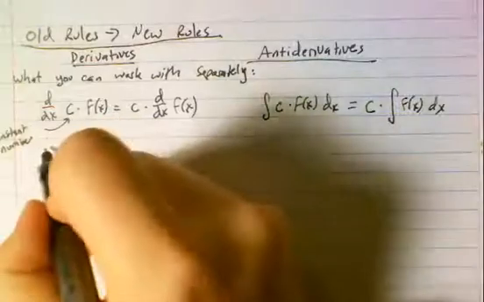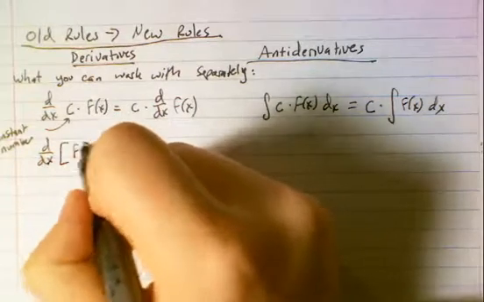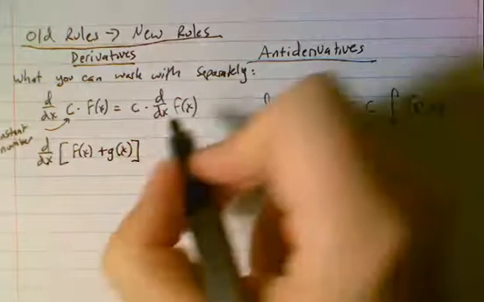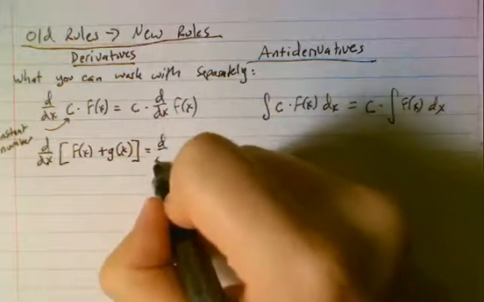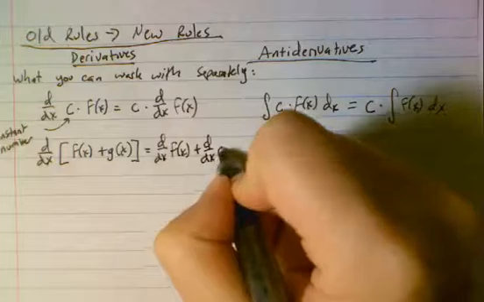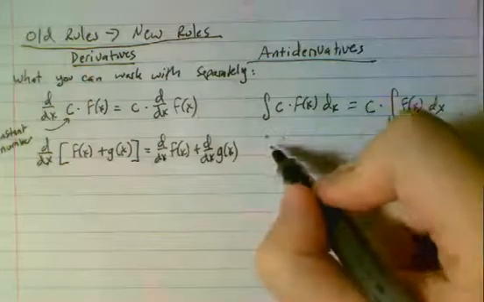Same thing. Likewise, we said that the derivative of f of x plus g of x was the same as the derivative of f of x plus the derivative of g of x. Same thing for antiderivatives.